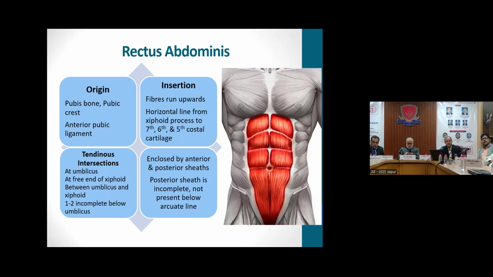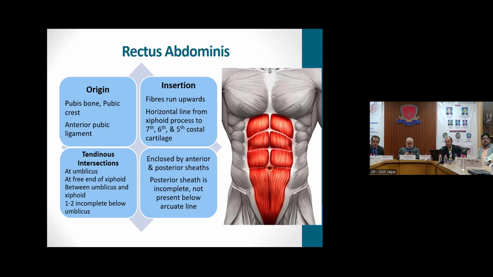Rectus abdominis is a vertical muscle. The origin is the pubic bone, the pubic crest and the anterior pubic ligament. The fibers run upwards and are inserted horizontally into the xiphoid process and the 7th, 6th and 5th costal cartilages. There are multiple tendinous insertions.